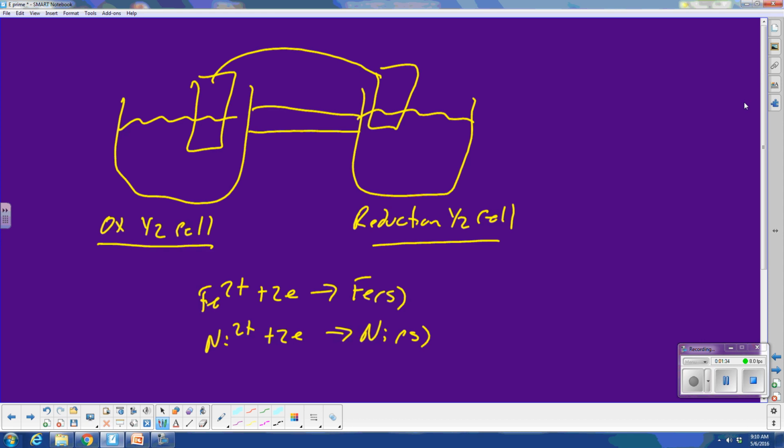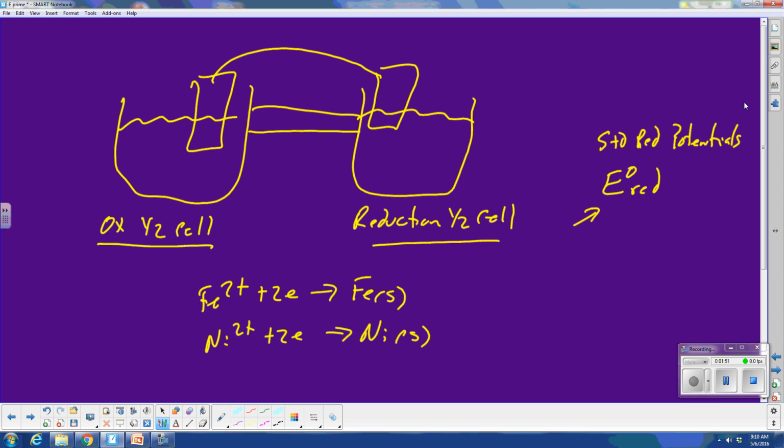And that's where we turn to this idea of standard reduction potentials, right? It's a lot to write, so I just write down E° red, a standard reduction potential. Now, what does that standard reduction potential tell me?